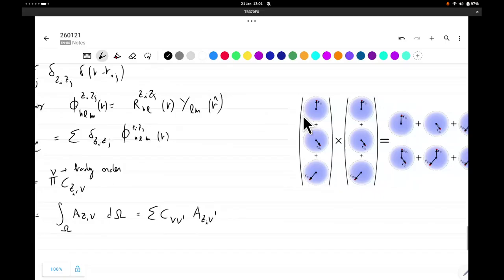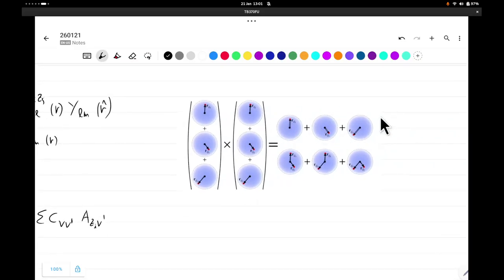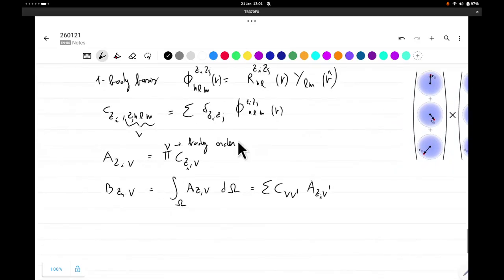So if you have an expansion like this one for one environment, and you take the product with another environment, you would have the one body terms, but also the two body terms. And if you had a new one, you would have also the three body and four body, and so on and so forth. But then you can group the products by the body order, and you just take the first few. So you truncate here.